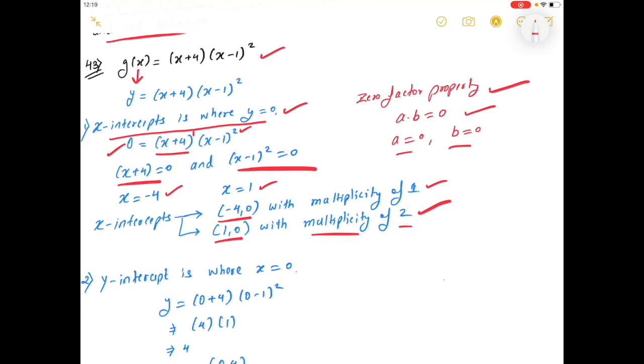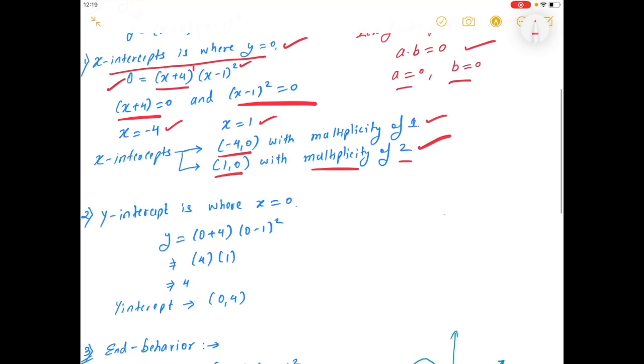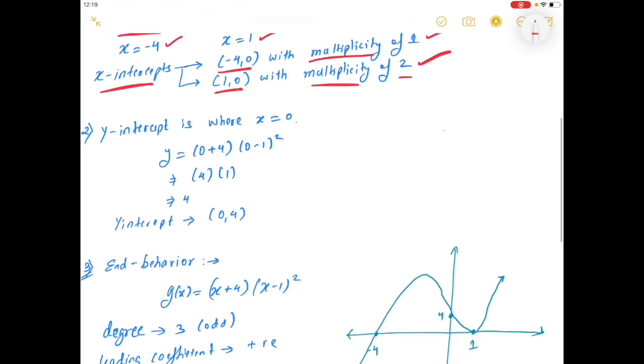And x plus 4 appears only one time, so it's a multiplicity of 1. So we have done two things: the x-intercepts, and the multiplicities. Multiplicities are useful while graphing the polynomial function, which I will explain at the end when we are graphing it.